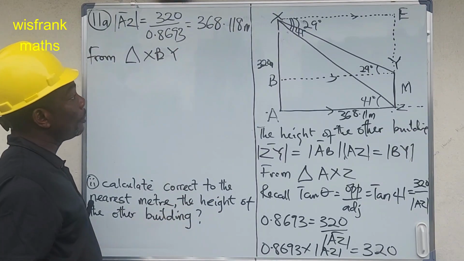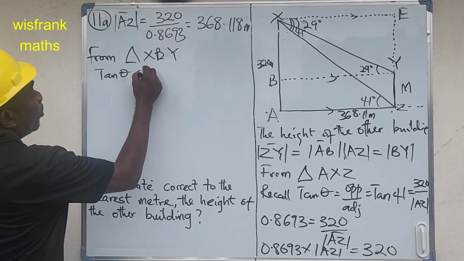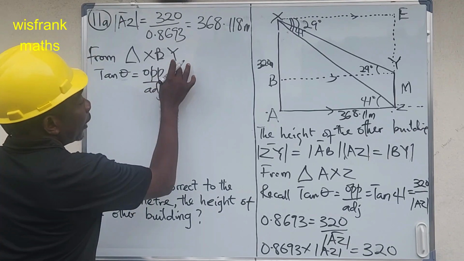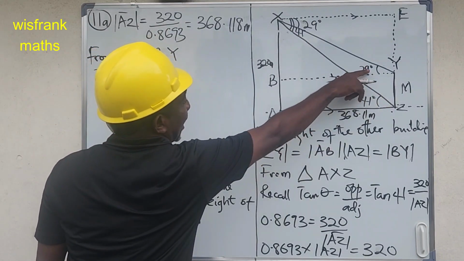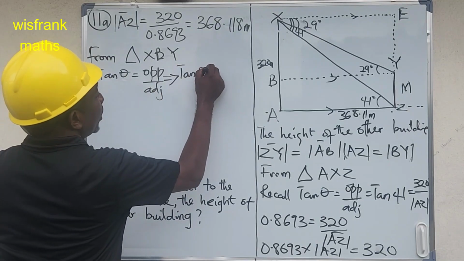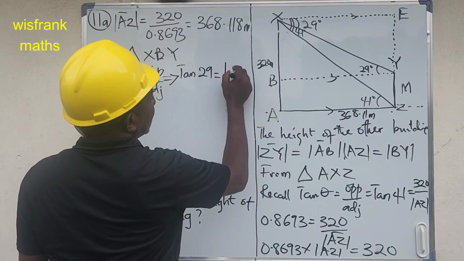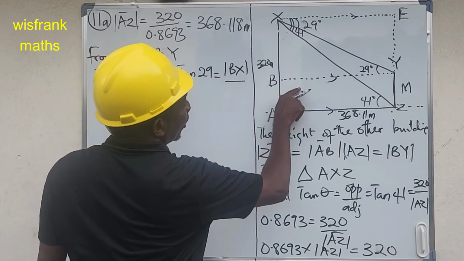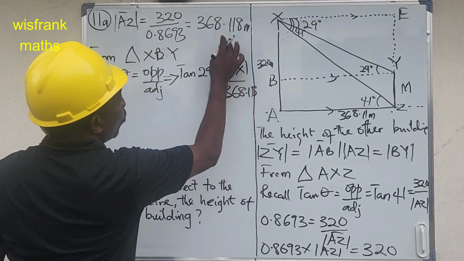We still use the same trigonometric function that says tan theta equals opposite over adjacent. From this triangle XBY, we have theta as 29 degrees. So tan 29 equals the opposite, which is unknown, length BX, over the adjacent, which is 368.118.